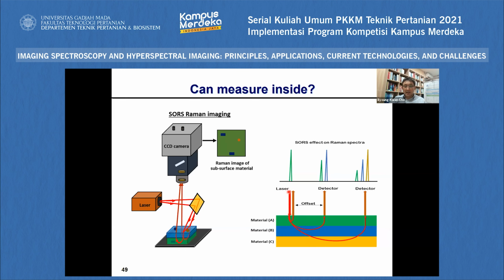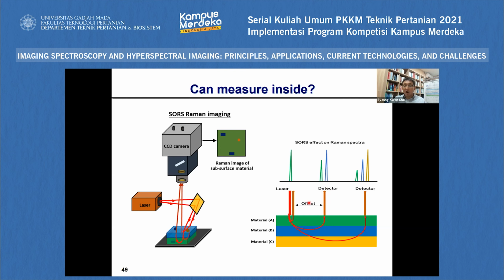But the laser is here, okay? The detector, the sensor, is here. Then the scattered light goes deeper, gets this information and comes out. If we detect this area, then the signal contains deeper information.